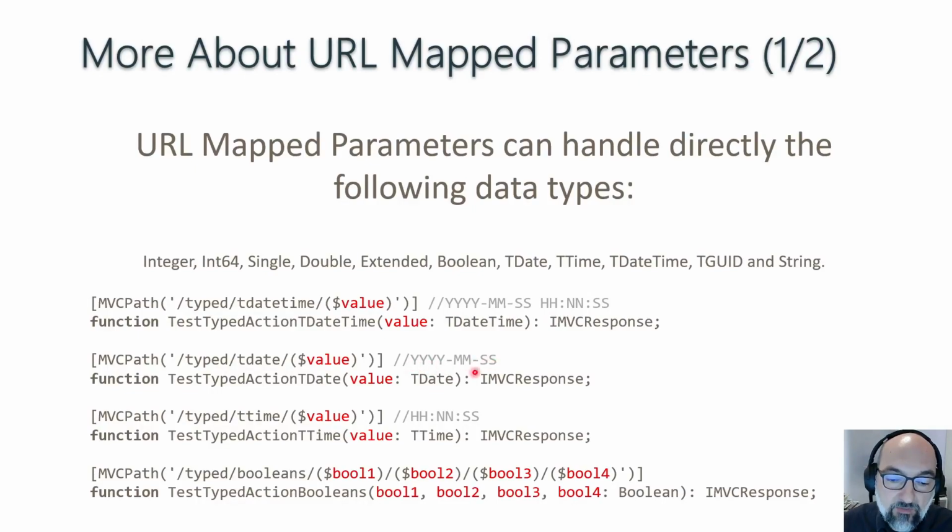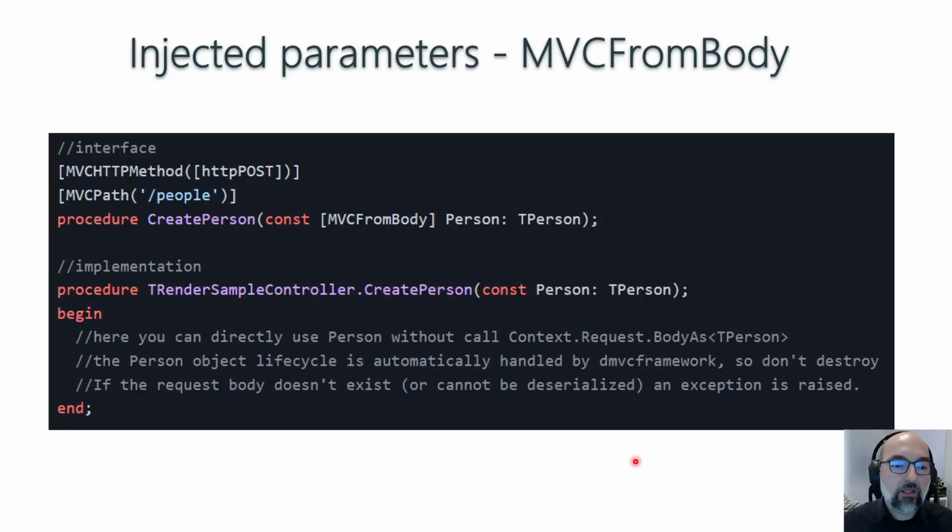Or in this case, we have the date, time, the boolean that can be true, one, y, and so on, just to define the true and false. Parameters can come from the URL, but also from the body, as we saw some minutes ago.